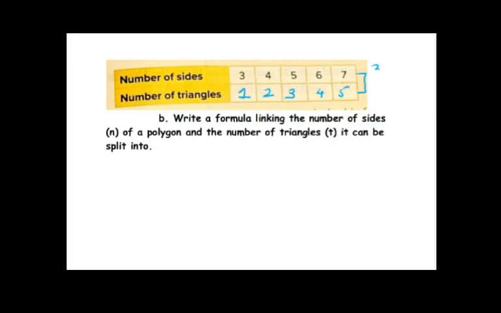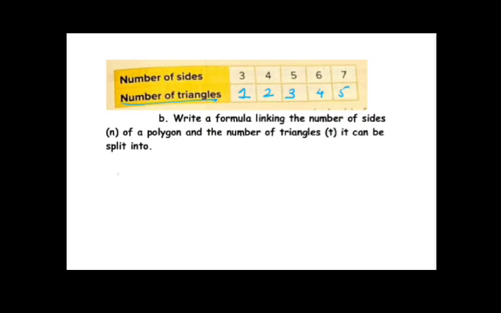See this. 3 minus 1, 2. 4 minus 2, 2. 5 minus 3, 2. So 2 is the constant number to be subtracted from the number of sides to get your number of triangles.